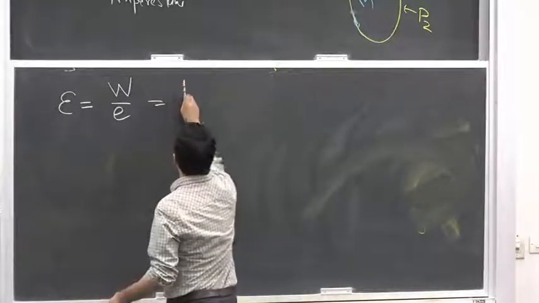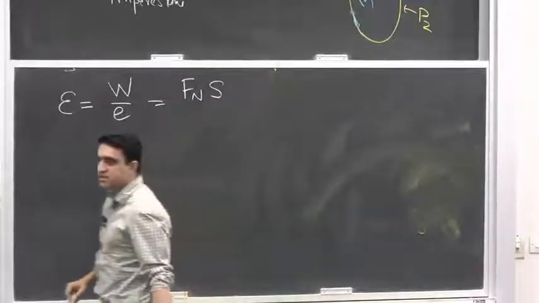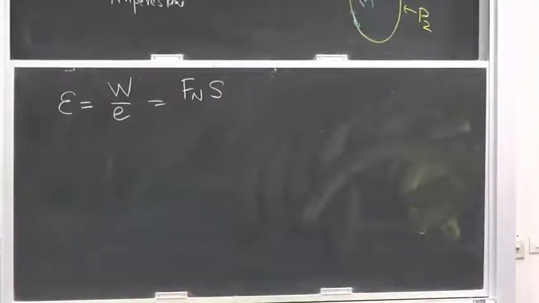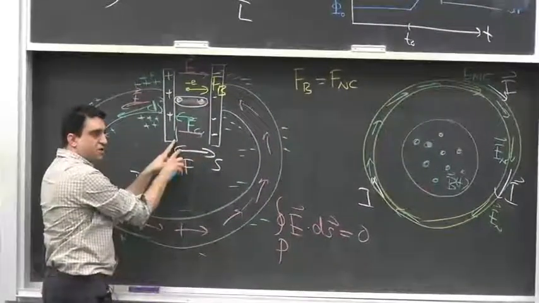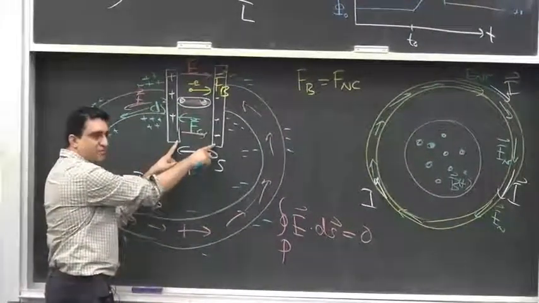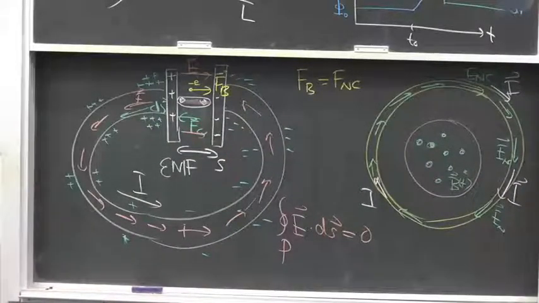So that is a non-Coulombic force multiplied by a distance s. Because if I take this whole distance as L, this electron is moved from this point to that point by the battery. So the battery is applying a force from this point to that point. So what is the work done by the battery? It is the force multiplied by the distance.